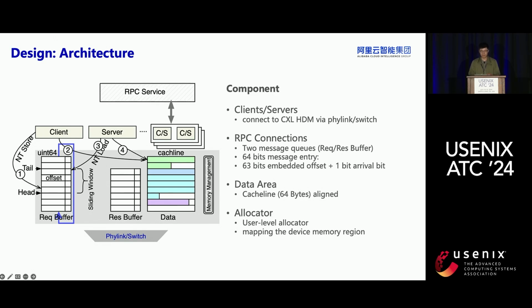Each entry in the message queue is 64 bits in size, and contains an embedded offset to the data area and a 1-bit arrival flag. To allocate memory for the request or response, we employ a user space level memory allocator. This allocator manages the CXL memory by mapping the device memory region.